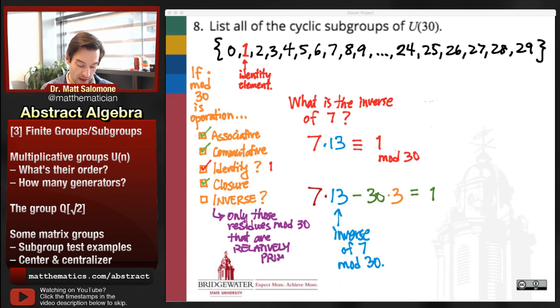And by the way, that's going to be another thing that we are going to be able to appreciate when we actually do this problem that was asked here, list all the cyclic subgroups of U30.